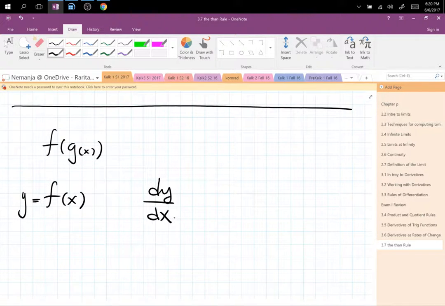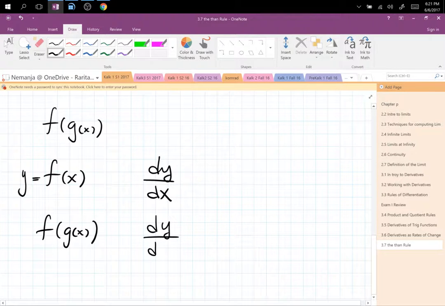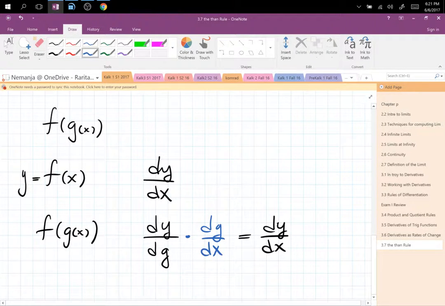So if I replace this x with g of x, then it would make sense to say that I'm taking the derivative of y in respect of g. So it would be dy dg, not dy dx. But I need it eventually to be dy dx. So what's missing over here is another piece, dg dx. So that's the piece that we call the chain, which actually helps us finish off the problem.